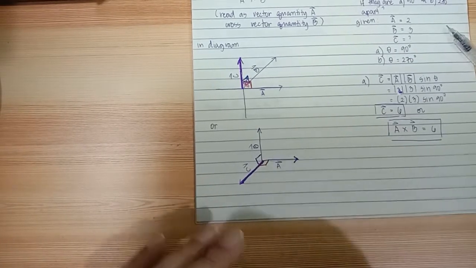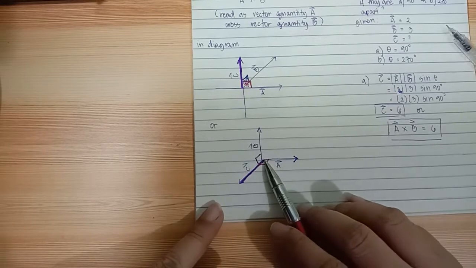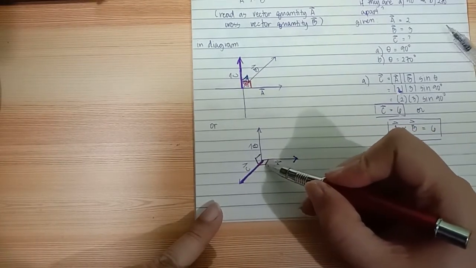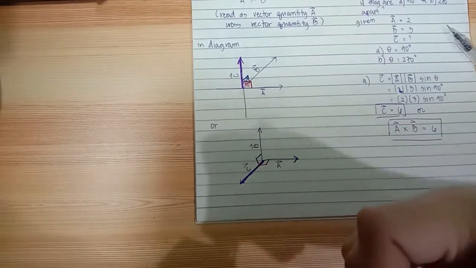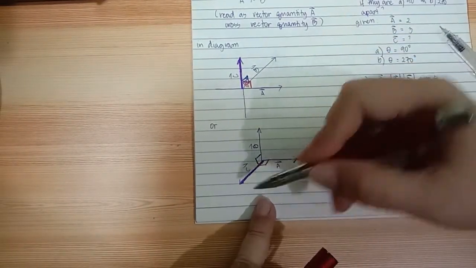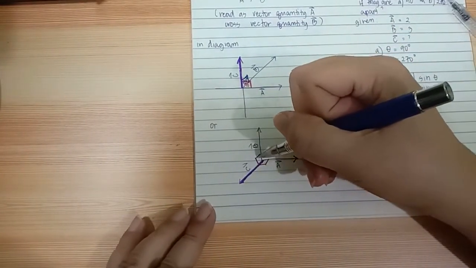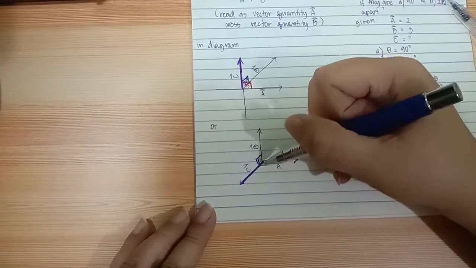So, pag tinignan natin, asan yung 90 degree between A and C at saka B and C? Kay A and C, di ba, eto si A, eto si C, therefore, eto yung 90 degree sa pagitan nila. Then, pag tignan natin si B and C, eto si B, eto si C, therefore, yan yung 90 degree sa pagitan nila.